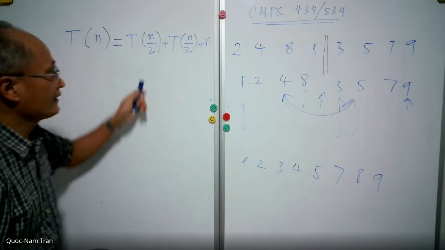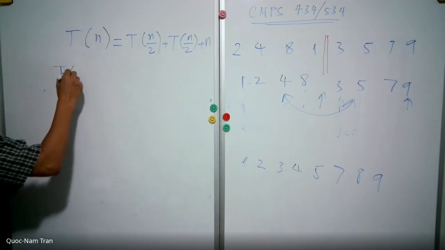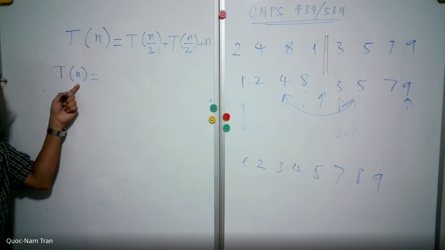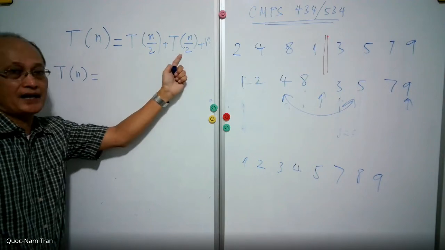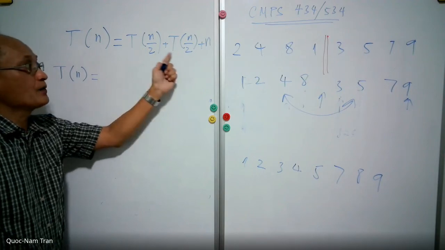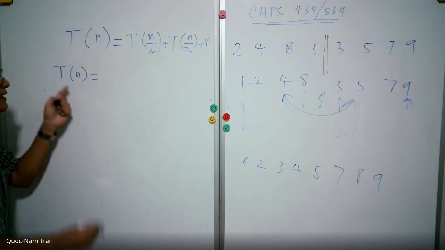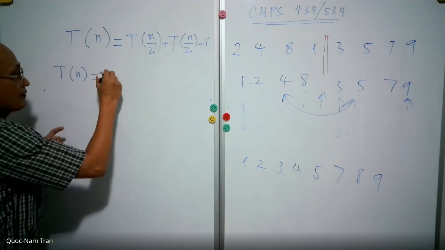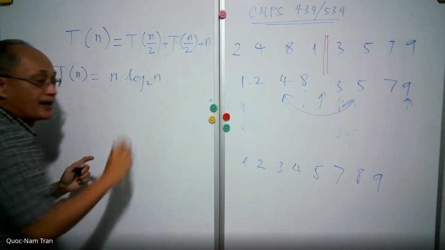Okay? Now, we want to solve this recurrence by finding what T(n) is, as a function of n without the T again. For example, in this case, I solve this recurrence and the solution is n log2 n.